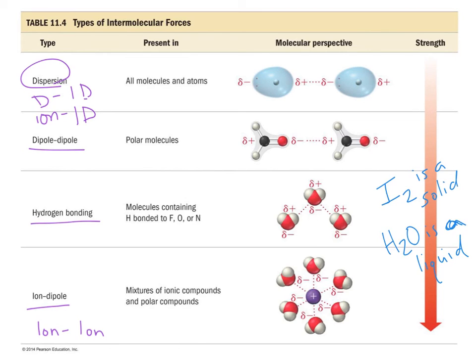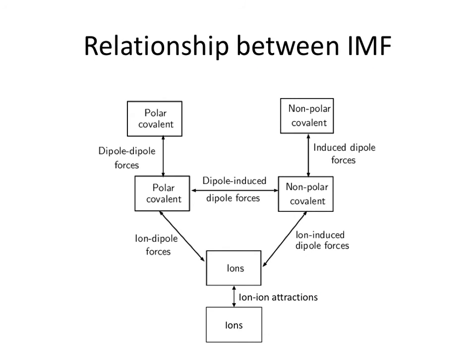Also, substances with similar types of intermolecular attractions tend to be miscible or soluble in one another because of their similar types of charges or not charges. So let's just look at this chart to see if it will help you kind of organize in your brain what's going on here. This chart is not in your notes. So if you had two polar molecules together, say water and another water, that'd be dipole-dipole forces.